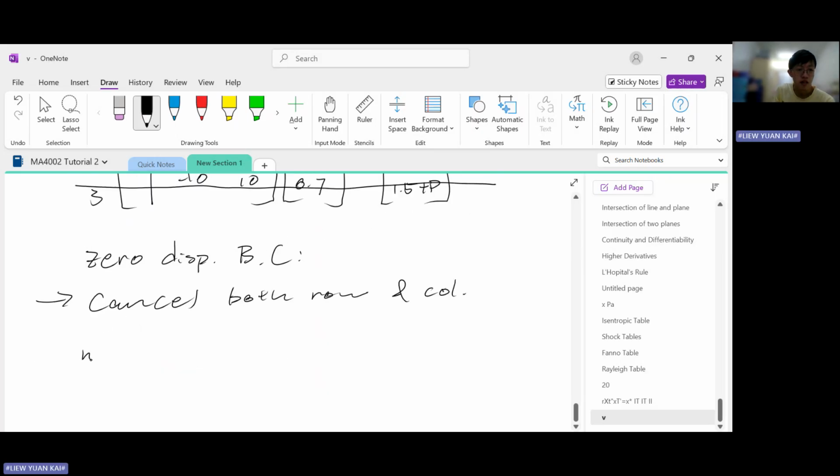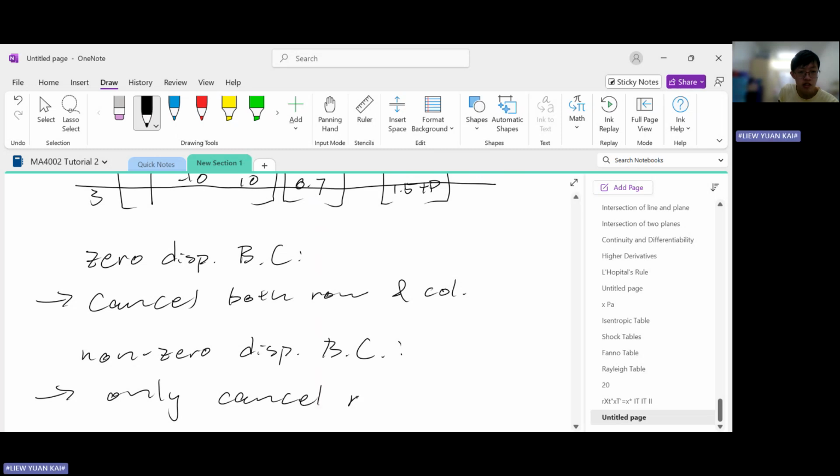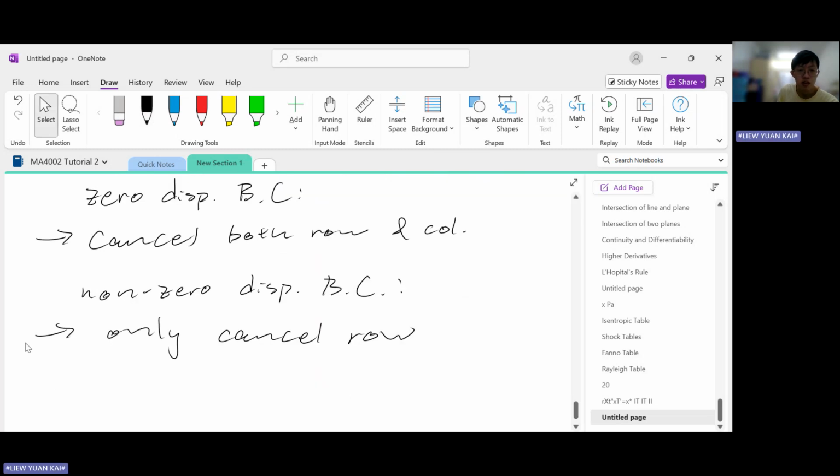For non-zero displacement boundary condition, only cancel row, do not cancel column.